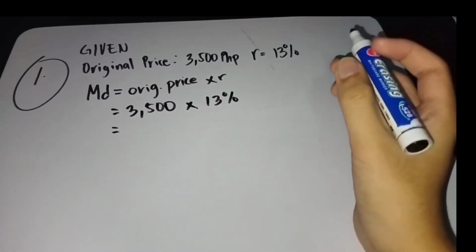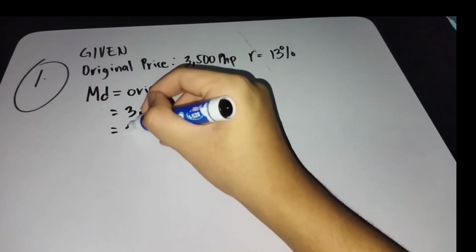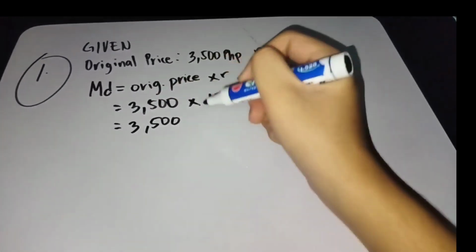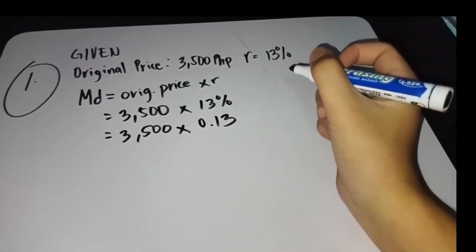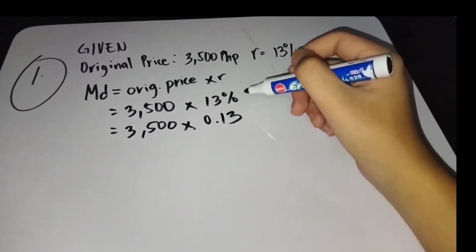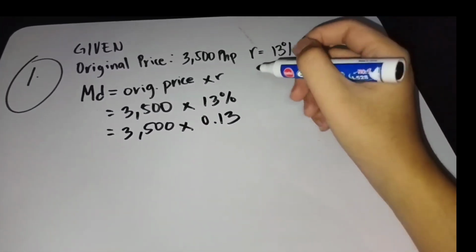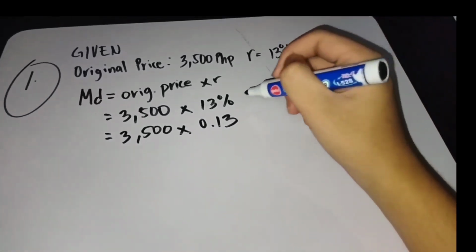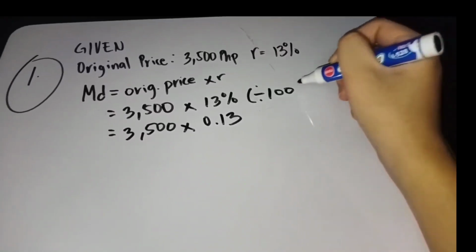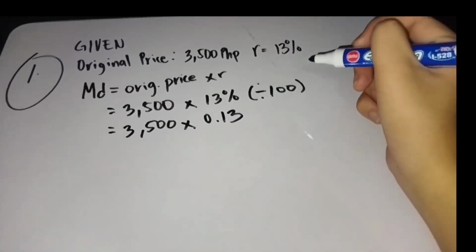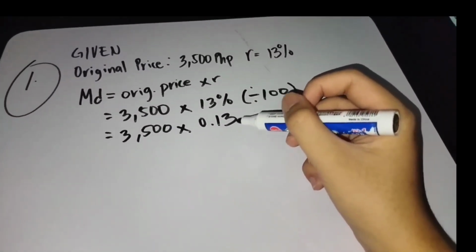But we still have to convert the 13% into a decimal, so that would be 3,500 times 0.13. So a little trick that I use to convert a percent into a decimal is just by dividing it by 100. So divide by 100, and pag divide natin yung 13 by 100, lalabas yung 0.13.